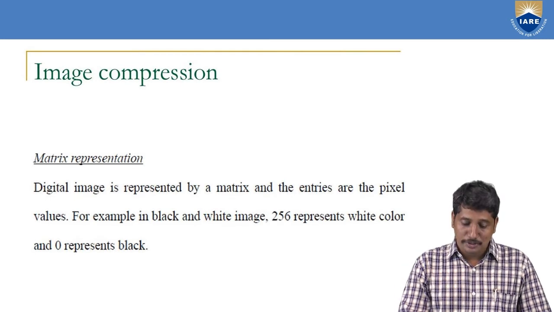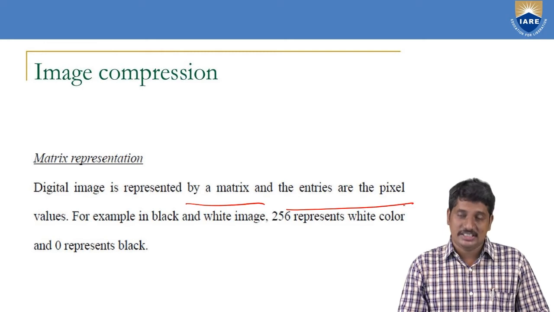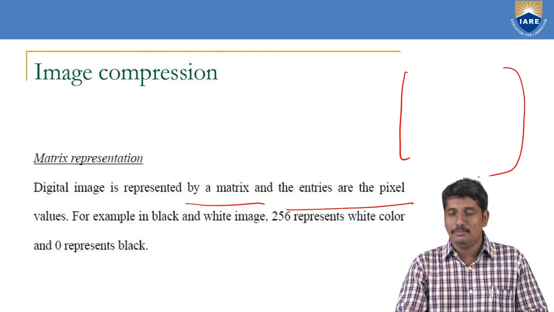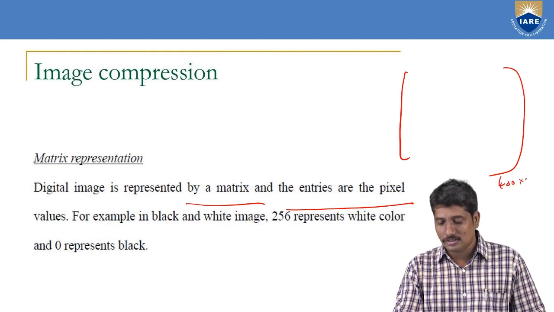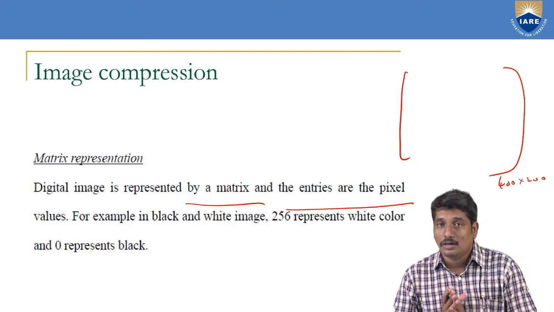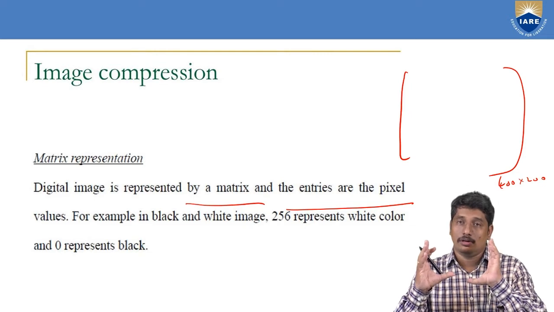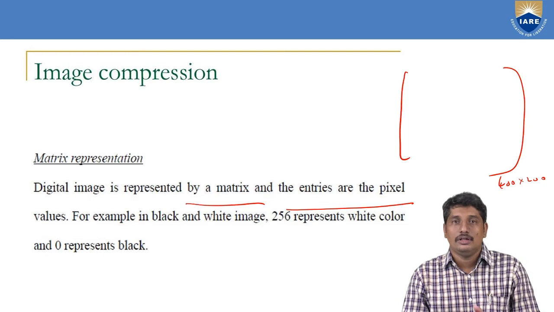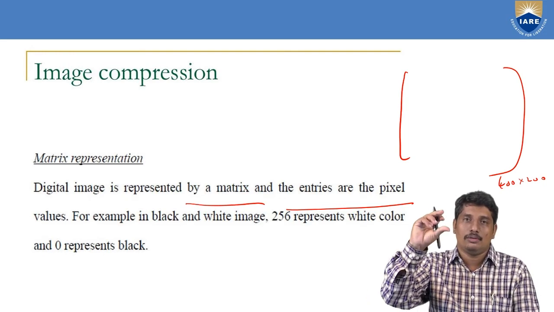A digital image is represented by a matrix and the entries are called pixels. Now we have a pixel matrix. Every image is represented with pixels, like 400 by 200 pixels. Even when you are applying for some exams, they put some constraint like your image size should be confined to certain pixels, like 1200 by 600 for passport photos.